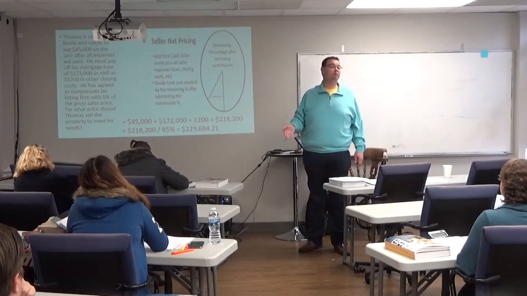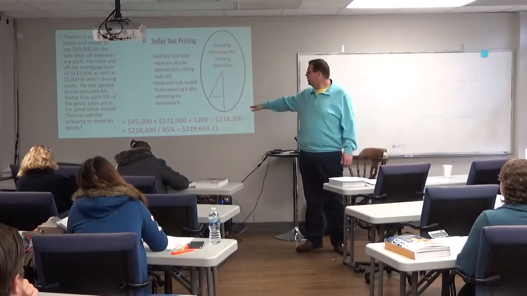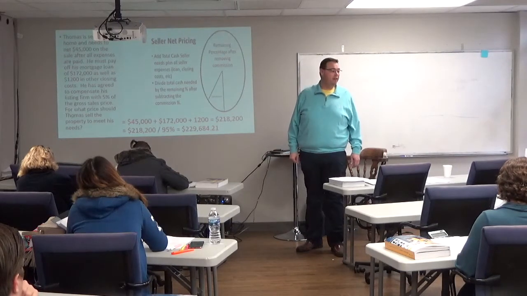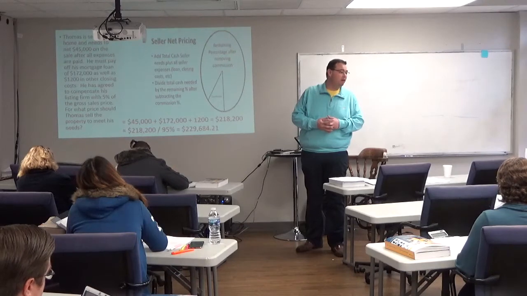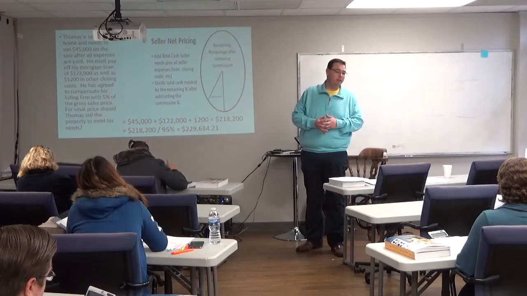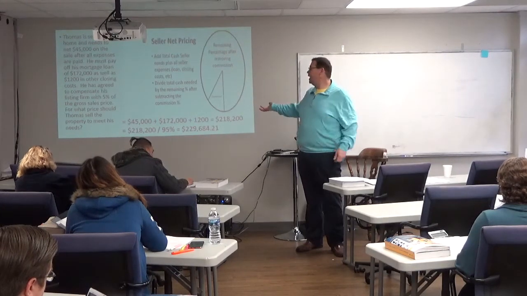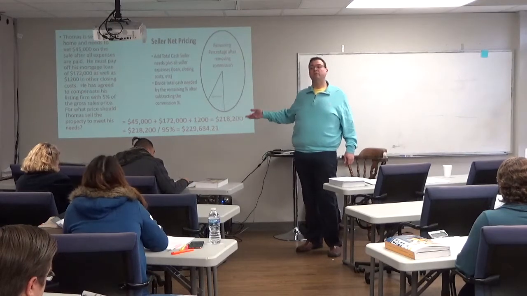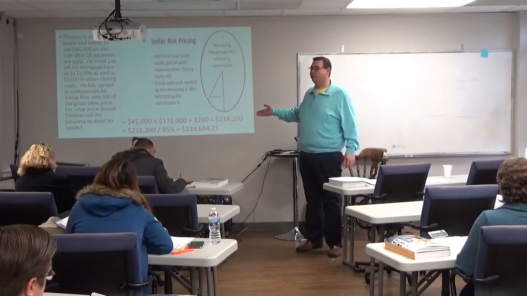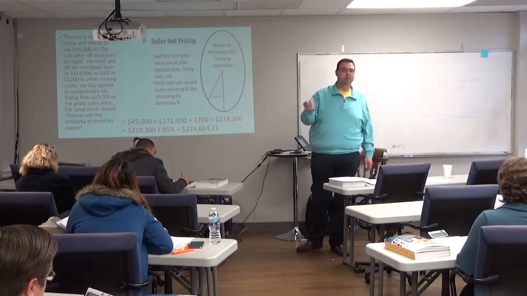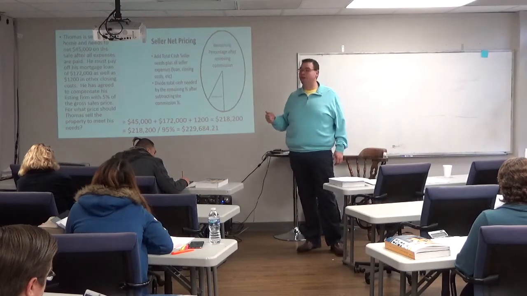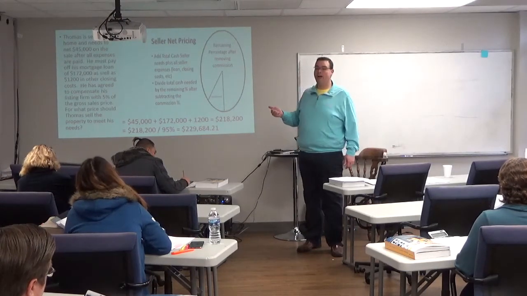The way you do this math question is simply to take the cash that you need and divide it by the percentage that's remaining of the total sales price. So in this case, how much cash do we need? $218,200. And what percentage is remaining of the sales price after we take the commission piece out? 95. So it's going to be $218,200 divided by 95%.